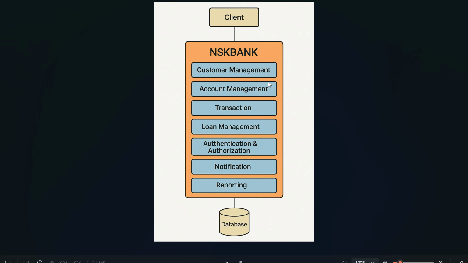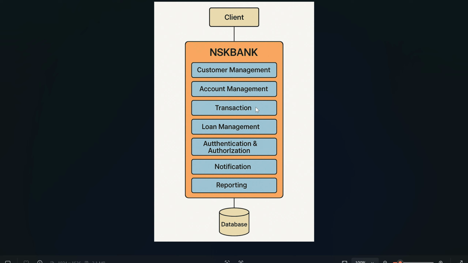Then the third key challenge over here is that it is difficult to scale. The monolithic application has multiple modules. Let's say there is huge traffic on the transaction module. Then you have to scale up this module, but instead of scaling up only this module, you have to scale the entire application, redeploying it into multiple servers.